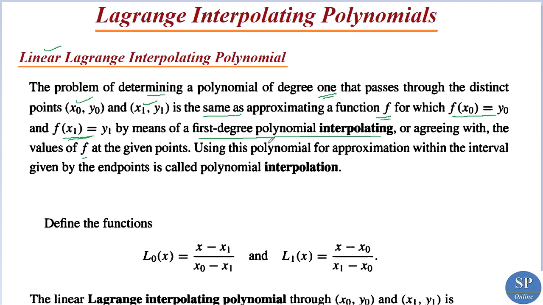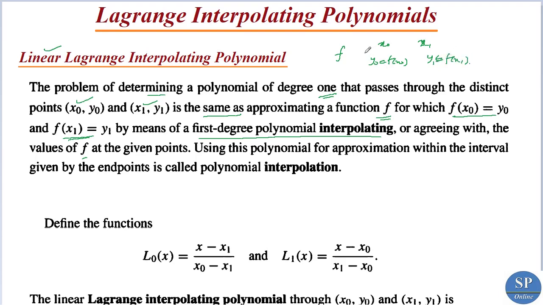That means suppose we have a function f and we have 2 points x0 and x1, and we are given the values of f at the points x0 and x1. Let y0 be the value of f at the point x0 and y1 be the value of f at the point x1, so y1 is equal to f of x1.